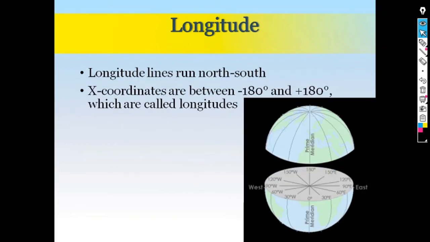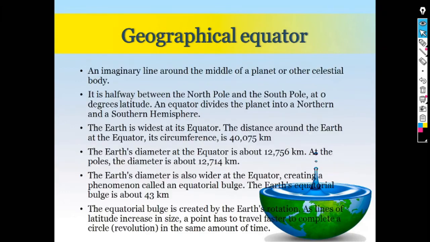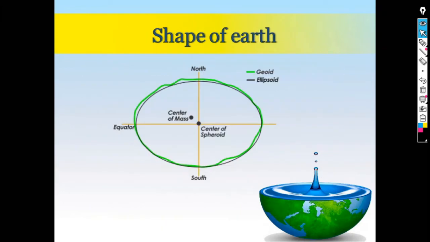So what we need to understand over here is these lines are three-dimensional. We draw it in a two-dimensional graph or a map, but these lines are three-dimensional. That is, this same line is going on the backside of the earth and then making a loop and coming back.